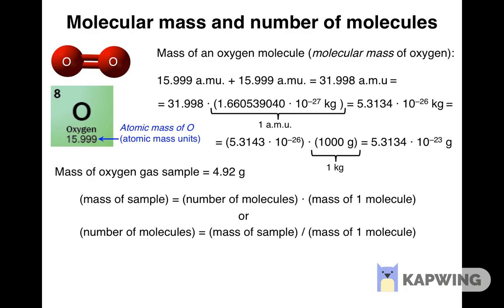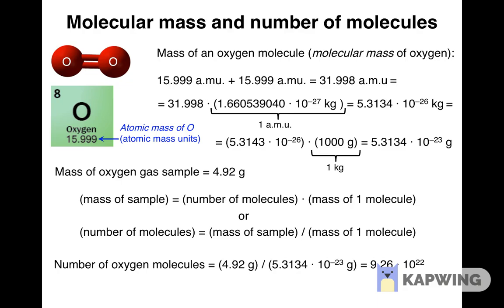When we plug in the numbers, we get 4.92 grams, the mass of our sample, divided by 5.3134 times 10 to the minus 23rd power grams, the mass of one molecule. The result is 9.26 times 10 to the 22nd power oxygen molecules, where we have taken the correct number of significant digits.